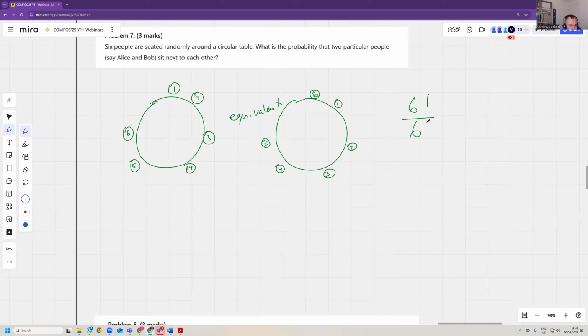I like to look at it in a different way. There are 6 seats, and it really doesn't matter where the first person sits.